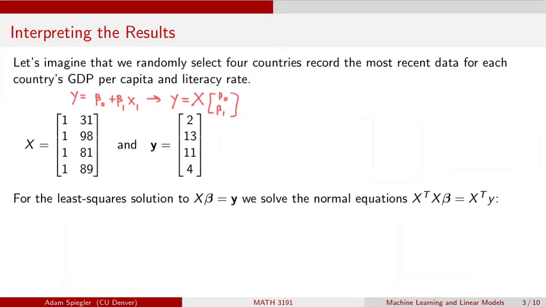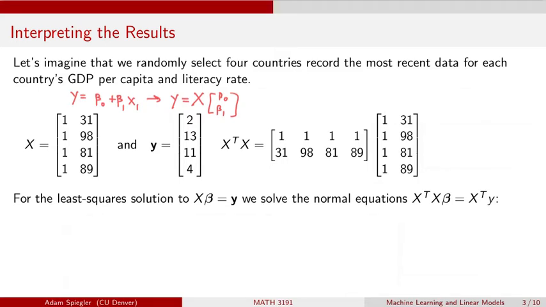If I want to solve this regression problem, the first thing I can do is identify what the product of X transpose X is. Here's the matrix X transpose, where the first row is all ones because the first column of X was all ones, and the second row is our row of observed literacy rates.